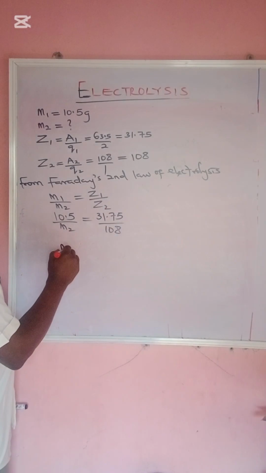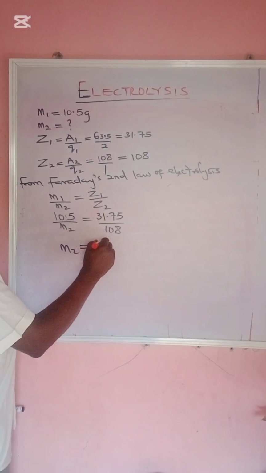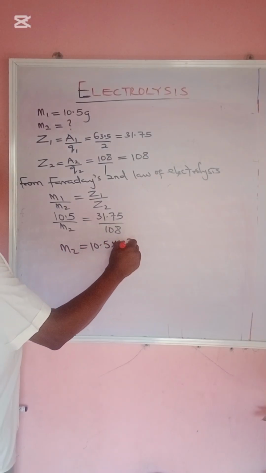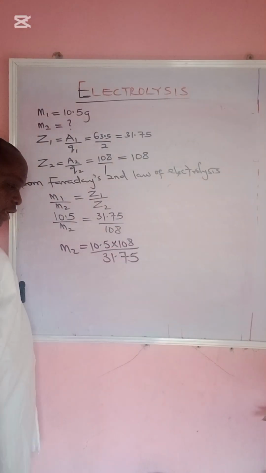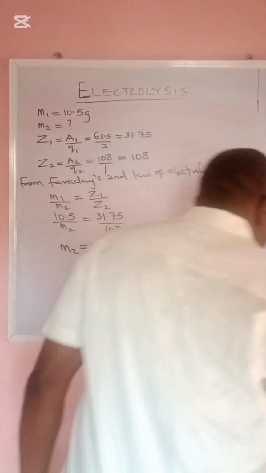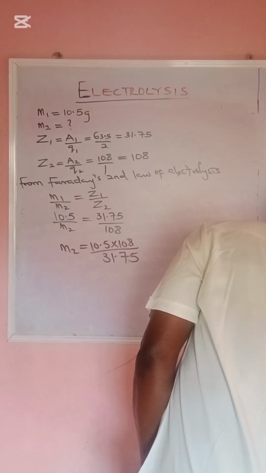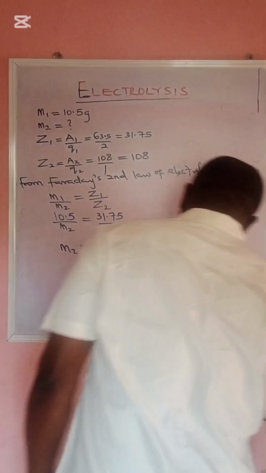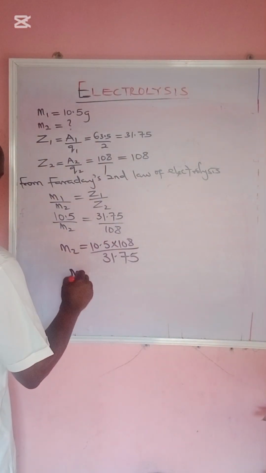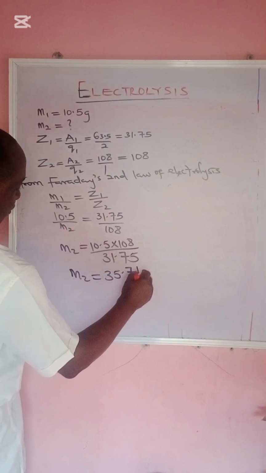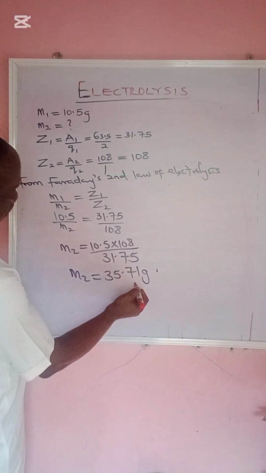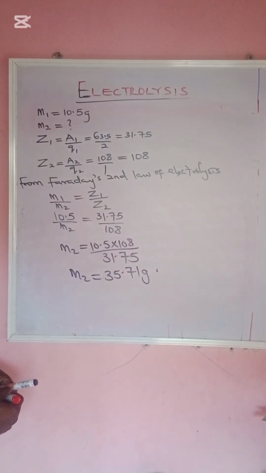If you cross multiply, you have M2 equals 10.5 times 108 divided by 31.75. So we are going to have 35.71 gram. That's the answer.